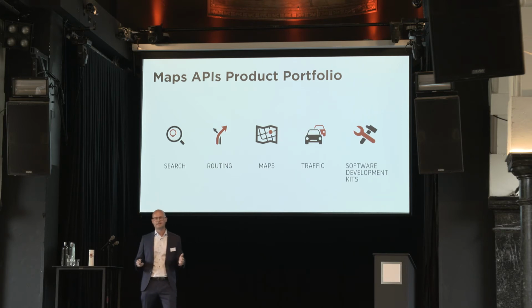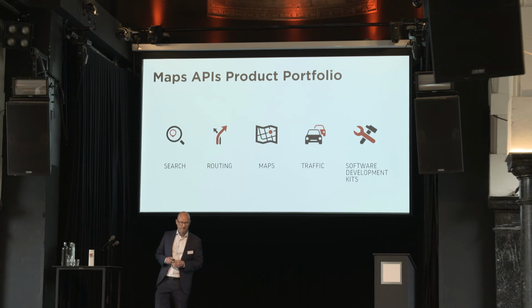So let's take again the example I used for the on-compiled maps, a store locator. In this case, you just hit the search API for your store, and you hit the map tiles, and basically already there you have your store locator. So again, hopefully that's a good example of showing that with the Maps APIs, it's very simple and very easy to use, and fast to go to market.